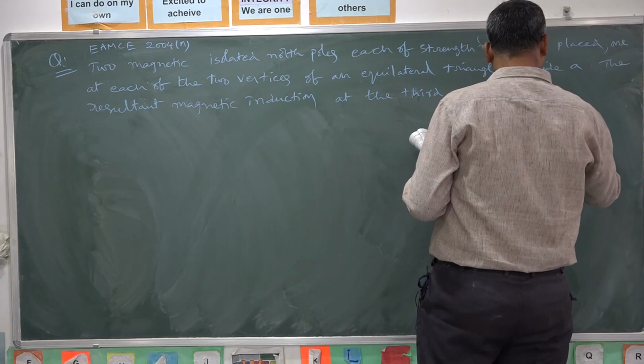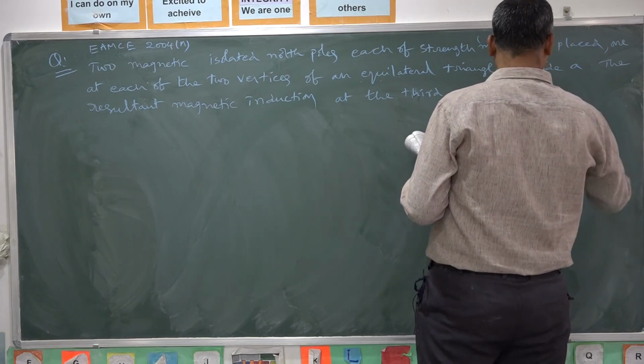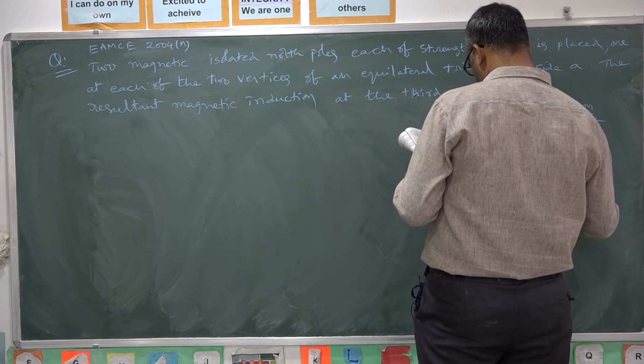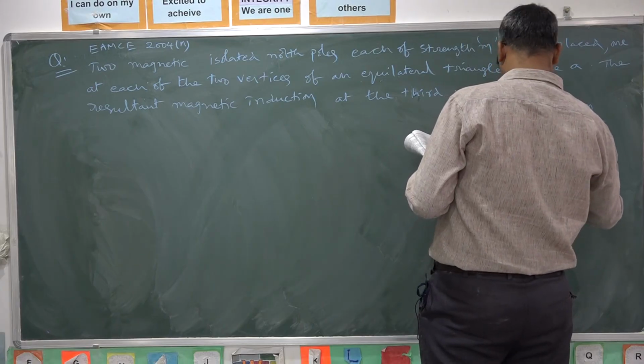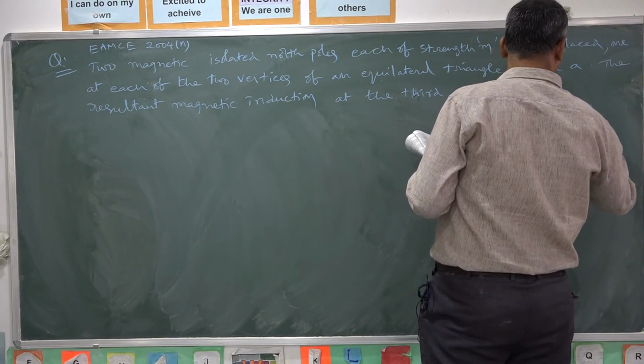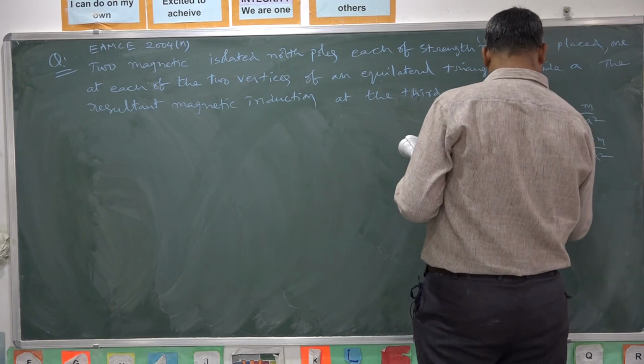Option A, mu naught by 4 pi into m by a square. Option B, mu naught by 4 pi into root 2 m by a square.